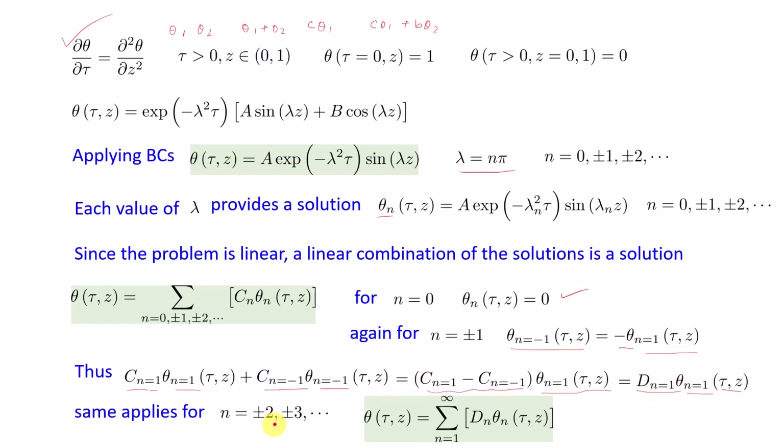The same thing I should be able to do for 2, 3, 4, etc. Therefore, this series now, with this new constant d, goes from 1 to infinity: 1, 2, 3, etc., up to infinity. 0 is not there. Negatives are out. So we have simplified a bit, but it's not enough yet because we don't know the d's.